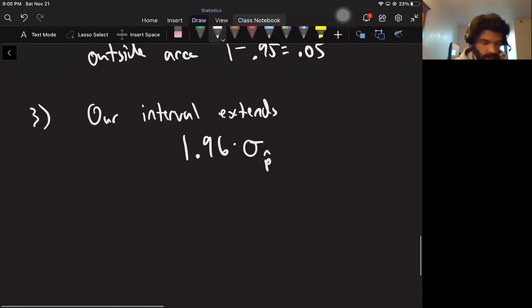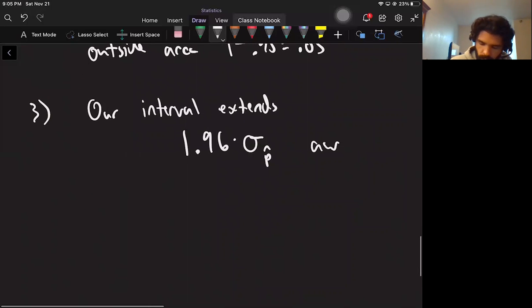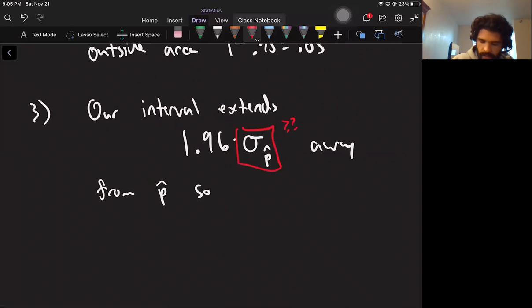Our interval extends that far away from our point estimate. We don't know the standard deviation yet, so that's going to be the next step. So that's what we need next.